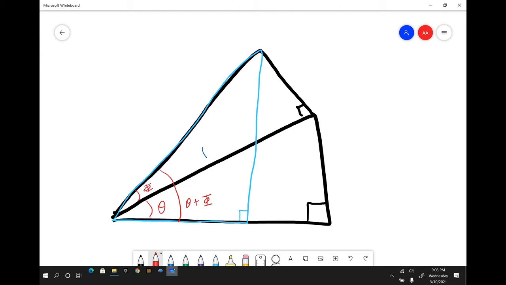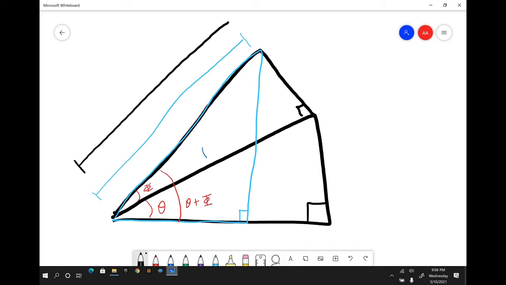And one important note here is that the hypotenuse of this triangle in blue is equal to the hypotenuse of the triangle with angle phi, and we'll be using that to help us with our proof.